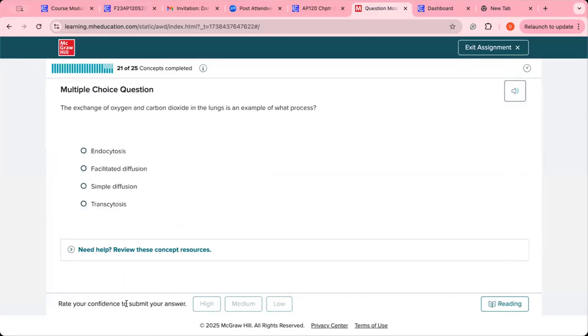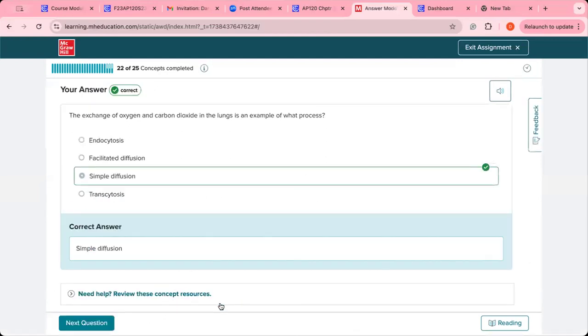Okay. The exchange of oxygen and carbon dioxide in the lungs is an example of simple diffusion. They are simply diffused. We read that earlier. Oxygen goes in, carbon dioxide goes out. That's a diffusion mechanism.